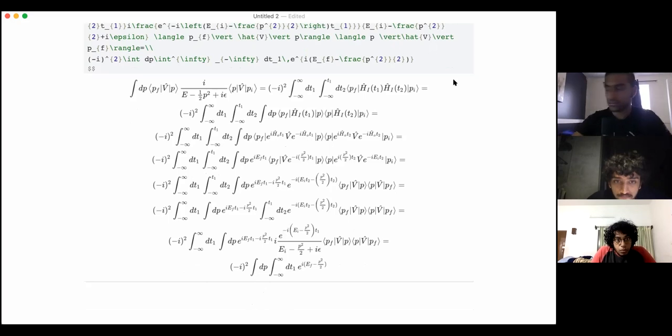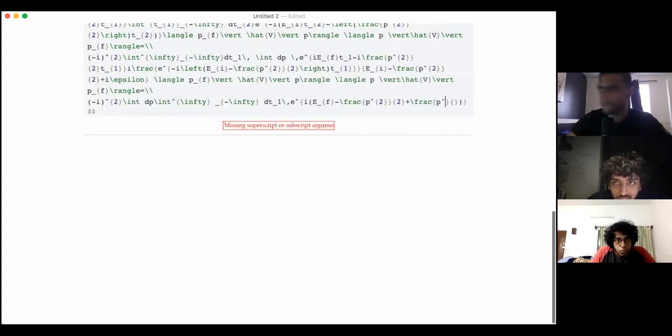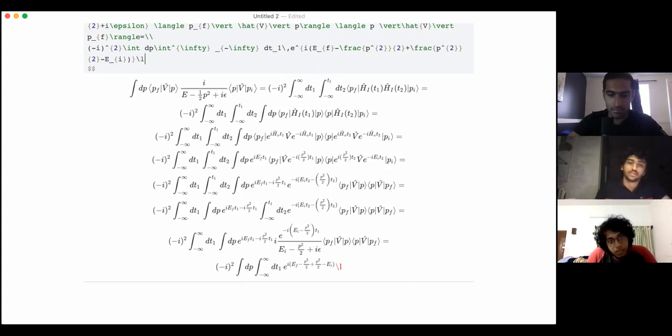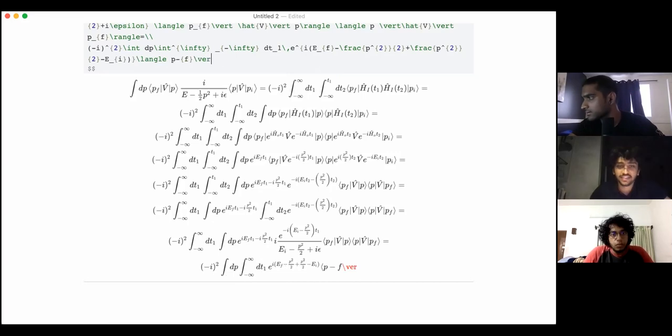So now we can get rid of this unsightly thing. Two minus E sub i times. Yes, finally.